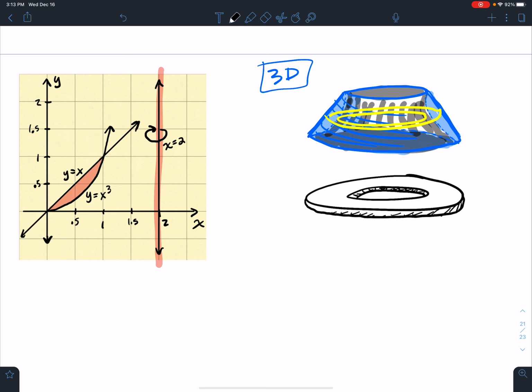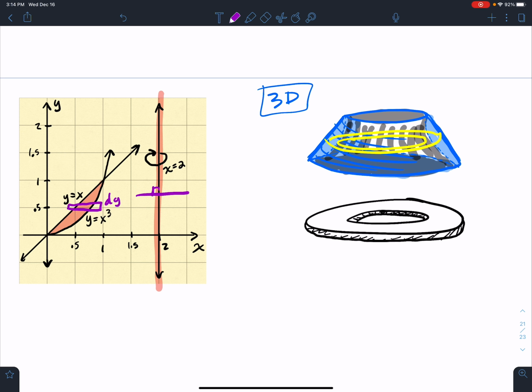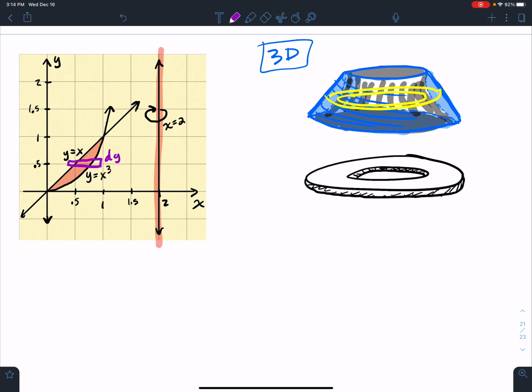Remember, your rectangles are always perpendicular. So this is a dy cut here.